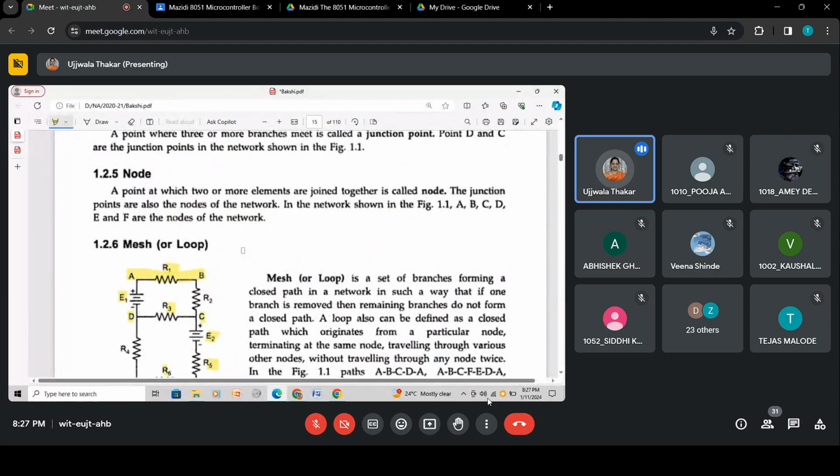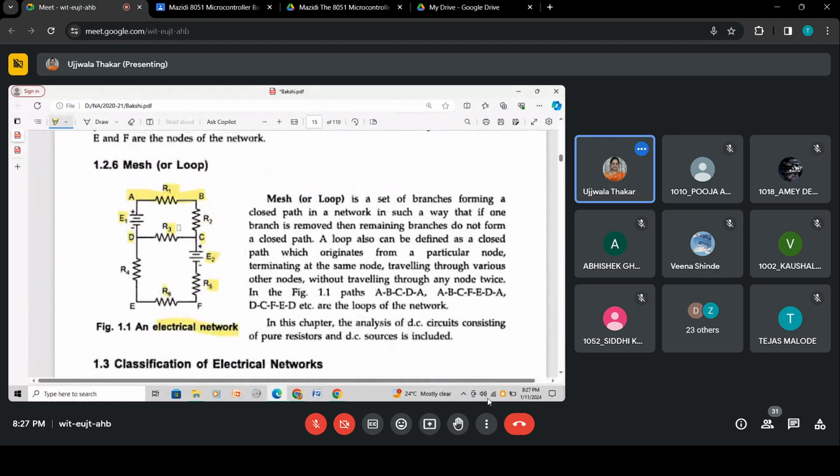Then there is a mesh or the loop. A loop is, if I start from A, B, then C, D, and back to A, this is forming one loop. And D, C, F, E, and back to D, this is forming another mesh. So there are two loops.